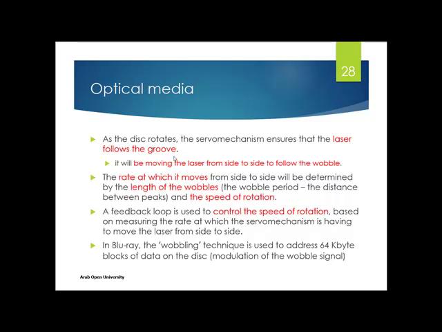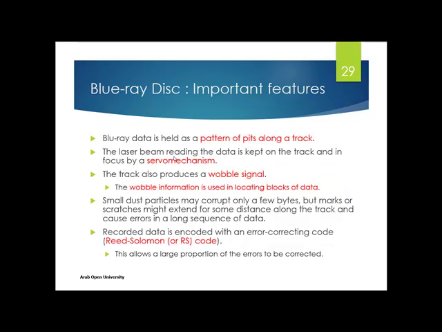This wobbling technique is also used to address 64 kilobyte blocks of data on the disk, and this will be out of the scope of our lecture, but is very important to read in the standard of Blu-ray how this can be achieved. Briefly, the important features of Blu-ray disc are as follows.